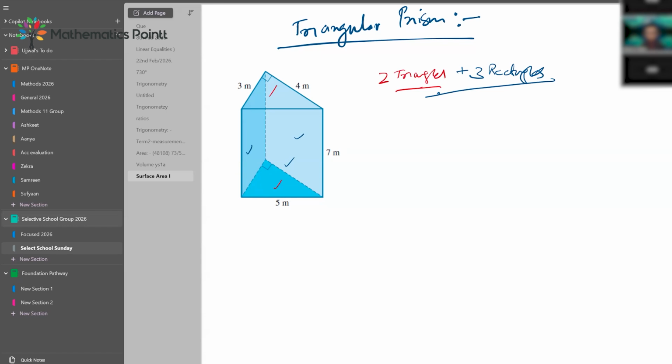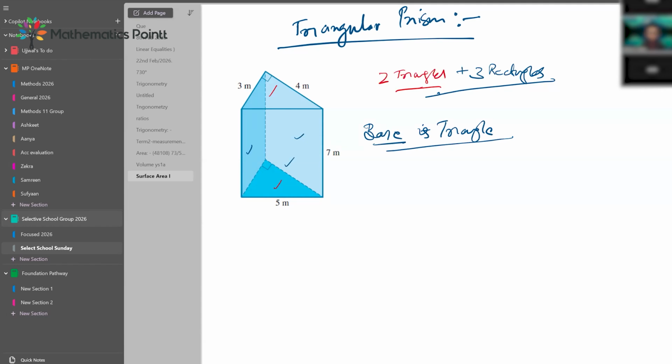So it's got 5 faces: 2 triangles and 3 rectangles. The base is the triangle, and that is why it is called a triangular prism.